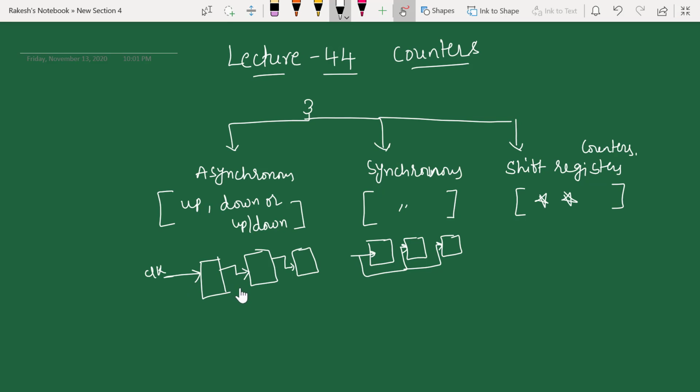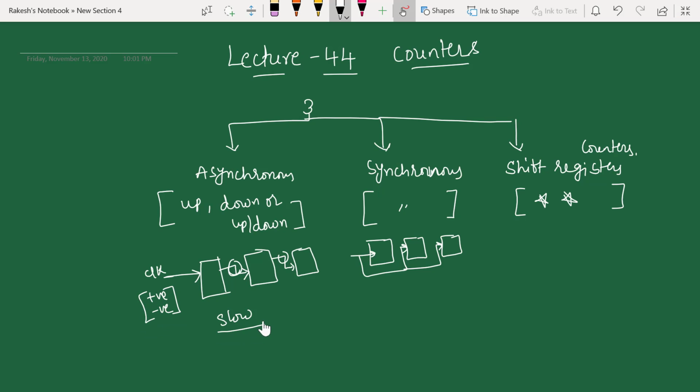Now in this case, when you want to do any counting operation, this is slow because this flip-flop will respond only whenever this output makes a transition. Similarly, this flip-flop will respond only whenever this makes a transition from 0 to 1 or 1 to 0, depending on which clock pulse you are using, positive edge clock or negative edge clock pulse.